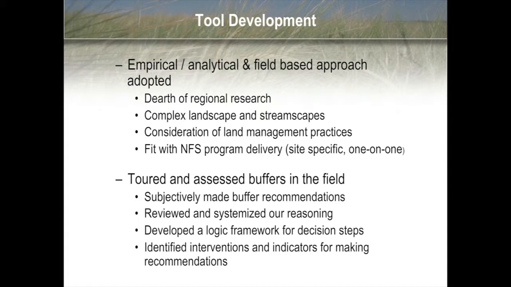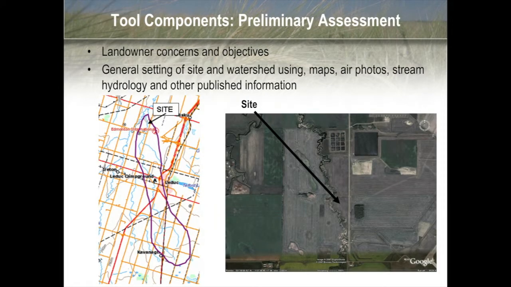And in that process we have a number of what we call interventions. They're not end steps, they're steps that have to be taken before you get to the final recommendation of whether you need a buffer or not. I'll go now into basically the steps of the tool.